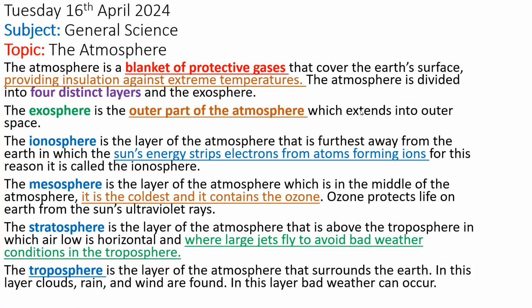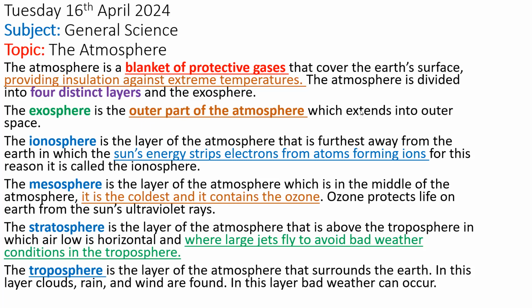Name the area of the atmosphere where ions are formed. What layer of the atmosphere is where ions are formed? In the ionosphere. Ionosphere, very good.